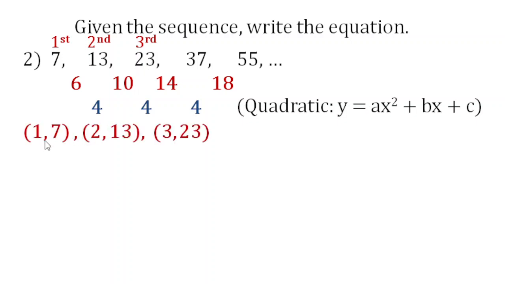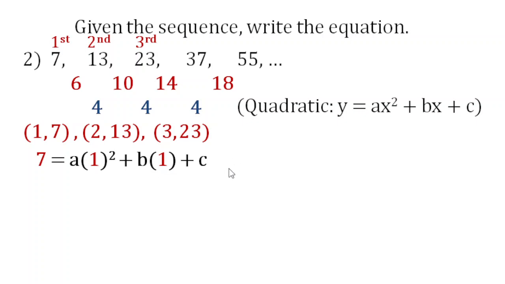Now, using the first point, (1, 7), we will plug those values in here in our quadratic equation. Y is 7, and all the x's we have here are 1. So we have this: 7 equals a times 1 squared plus b times 1 plus c.